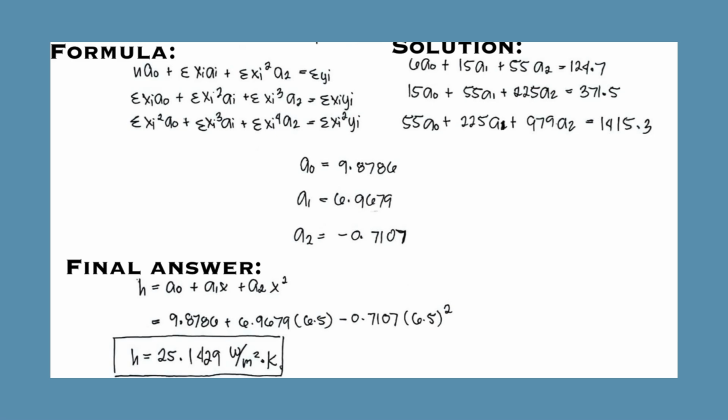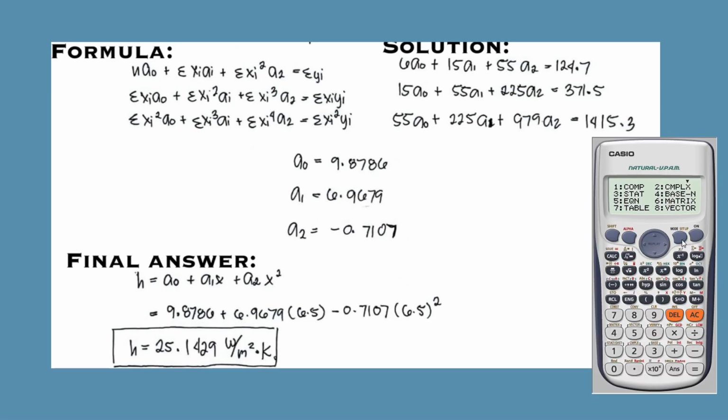After you put in all the equations, use the calculator to compute a sub 0, a sub 1, and a sub 2. Put it in mode, then the 3-unknown equation option, and we're going to input the numbers.